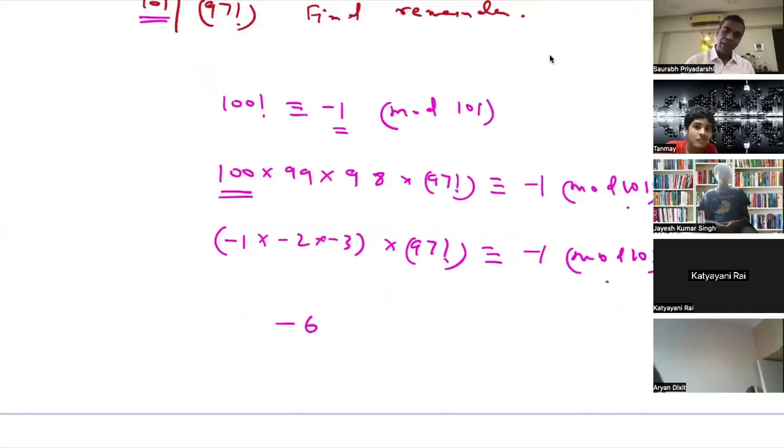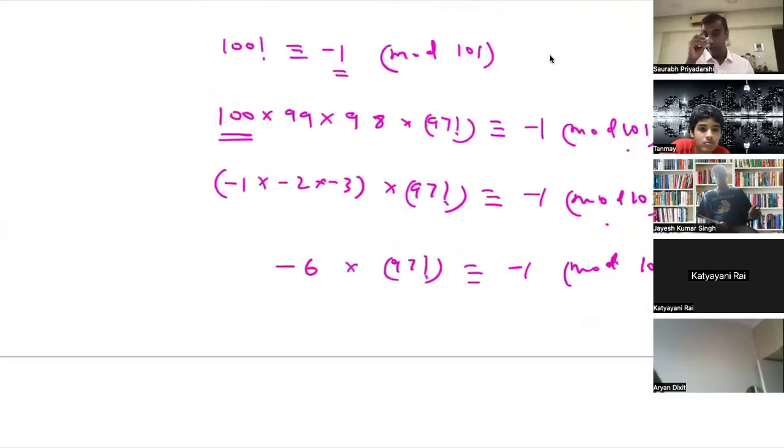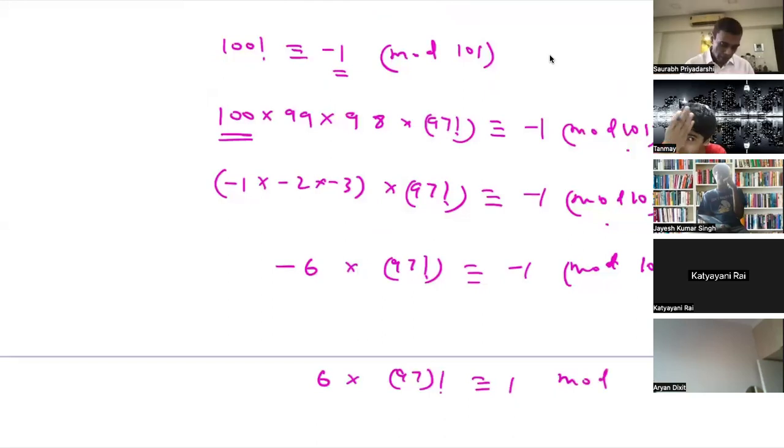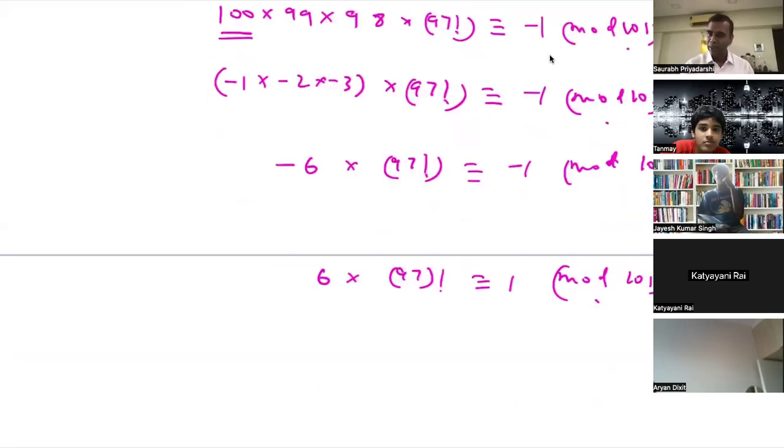Now, we can't divide in congruence, right? Congruence means we can't divide. So what we have to do is find the inverse of 6, same as what we have done in the Chinese remainder theorem. What number do we have to multiply with 6 to give 1 mod 101? Call this x1. Are you understanding this? Is this okay, everyone?